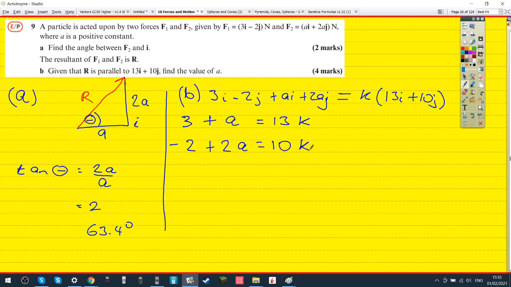Yeah. And then if we want to put it into our calculator, should we switch it around and do -13k plus a equals -3, and then -10k plus 2a equals 2? Yeah, that'll work. A little less work would be bringing just the a over, moving one thing instead of 2, but it'll get you the same answer.